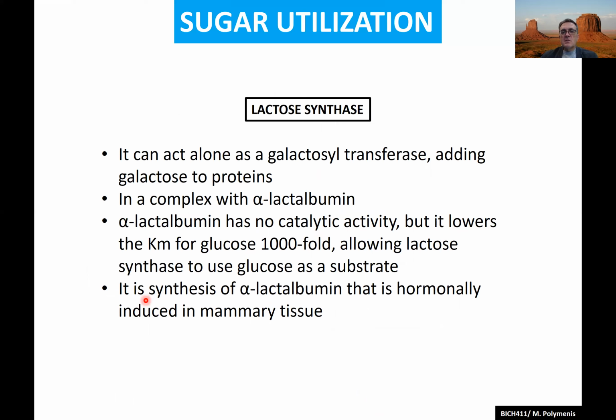And it is the synthesis of lactalbumin, the accessory factor that has no catalytic activity of its own, that is made in huge amounts hormonally in the mammary glands when a female mammal is lactating, and that enables galactosyltransferase to become lactose synthase and use glucose as a substrate as opposed to some other protein that needs to be modified, and then you make lactose.